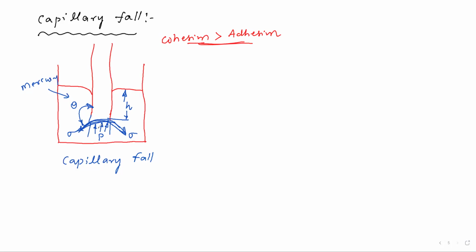And here what we need to calculate, first we have surface tension, and next we have the pressure forces, right? So let us calculate force due to intensity of pressure.